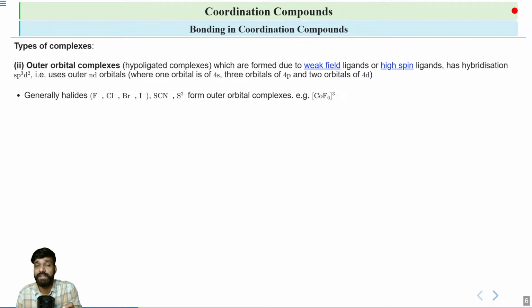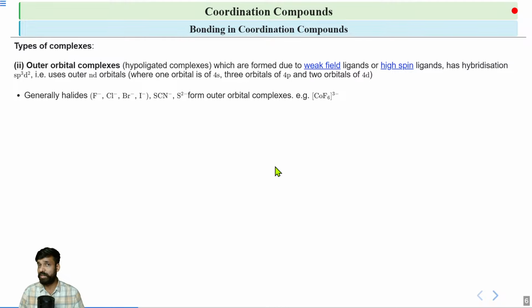So what will be the number of unpaired electrons in this case? Before moving on to the diagram, I am asking you, given that it will form an outer orbital complex, what will be the number of unpaired electrons in this complex? First, try to write the electronic configuration of cobalt. The answer here is 4. Anyone else who is interested in giving the answer?